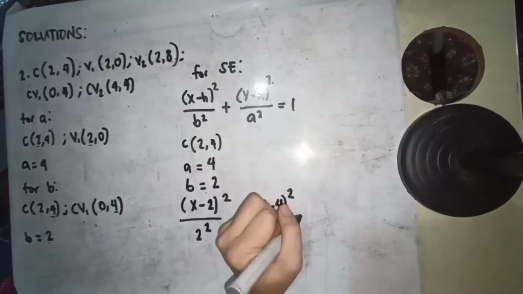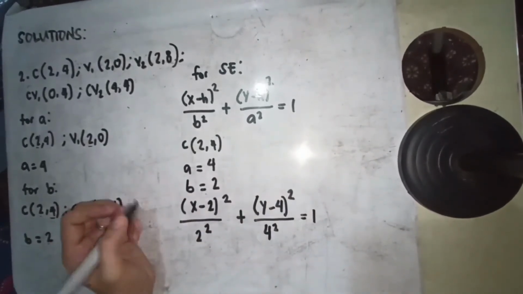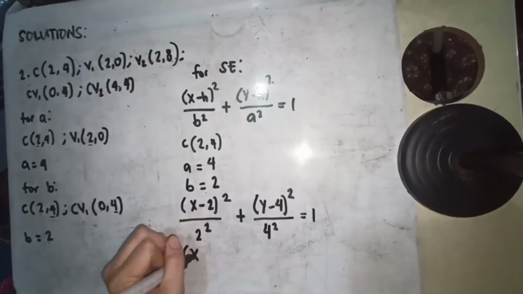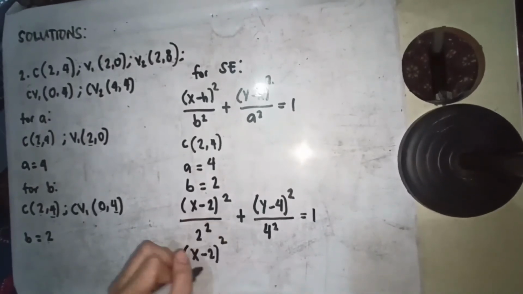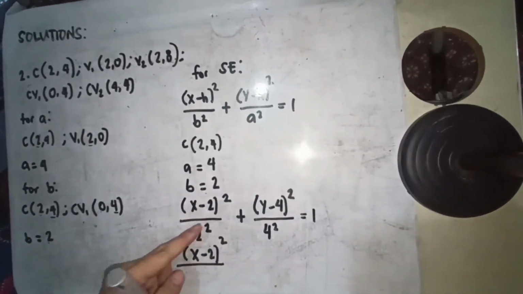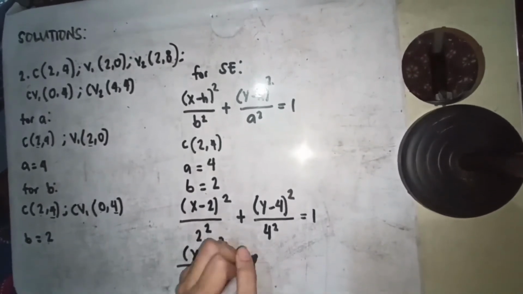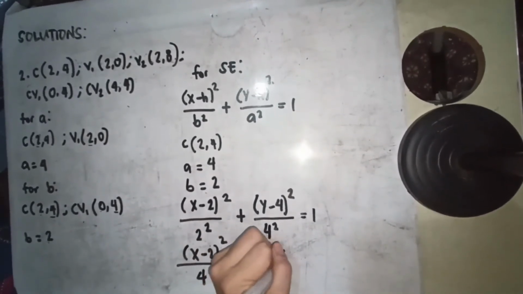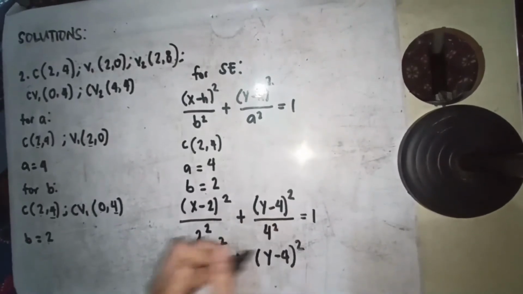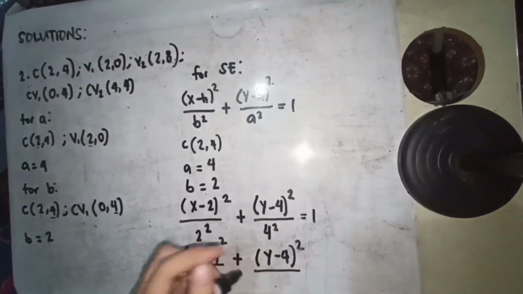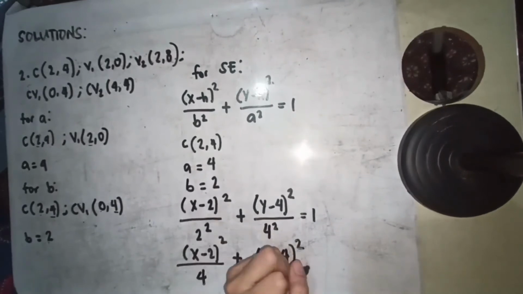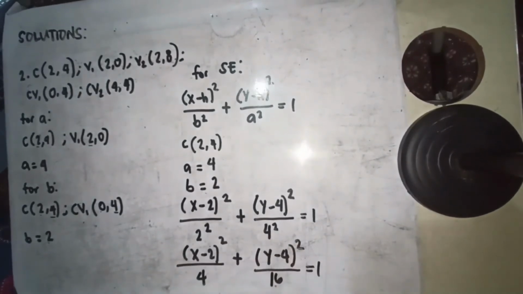So we have x minus 2 squared over 2 squared, that is 4, plus quantity of y minus 4 squared over 4 squared, that is 16, equals 1.